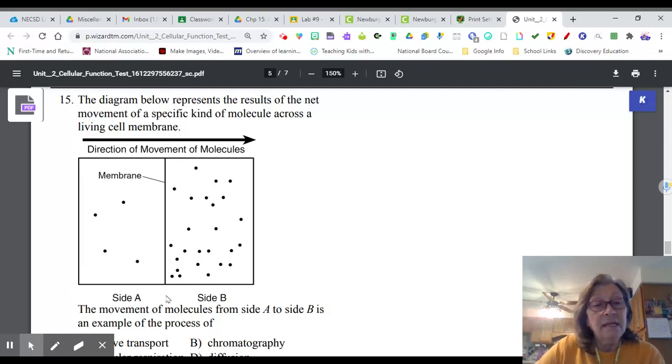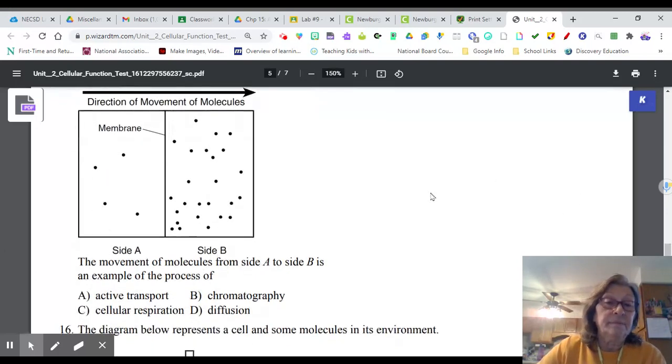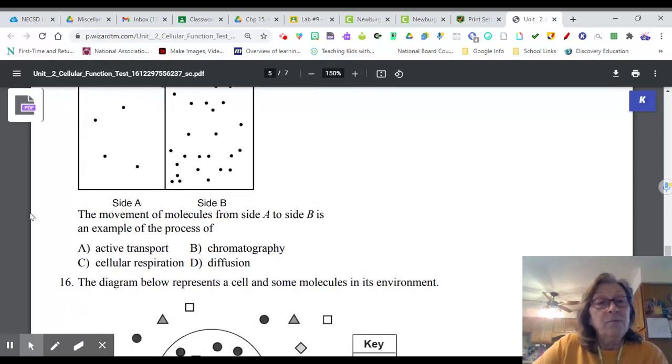Side A, side B. The movement of molecules from side A to side B is an example of the process of A, active transport, B, chromatography, C, cellular respiration, or D, diffusion.